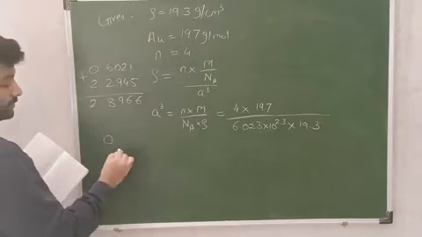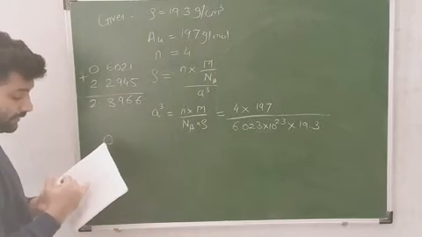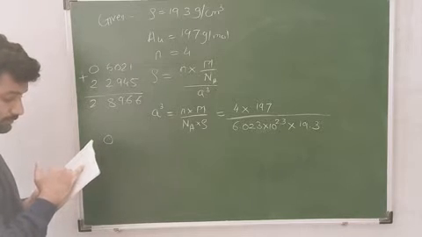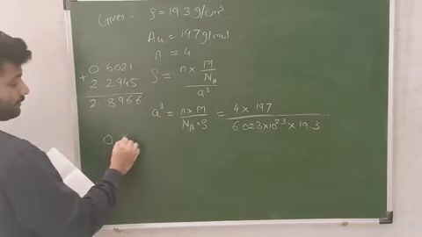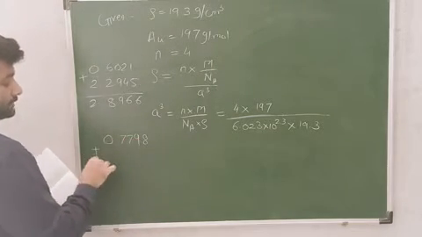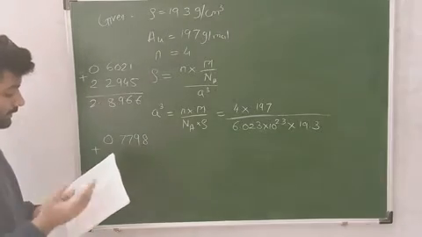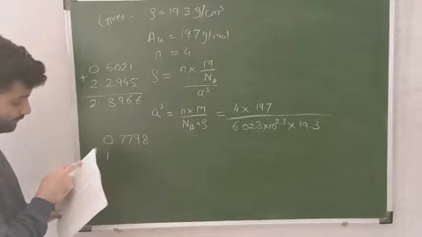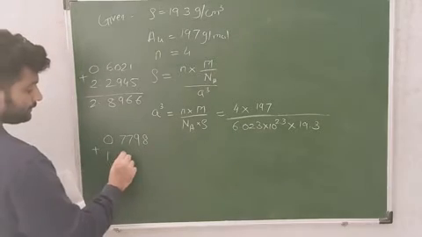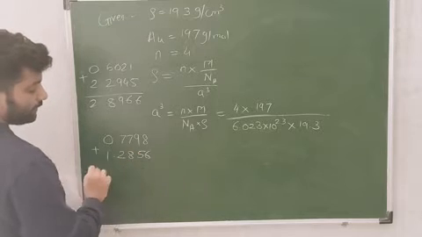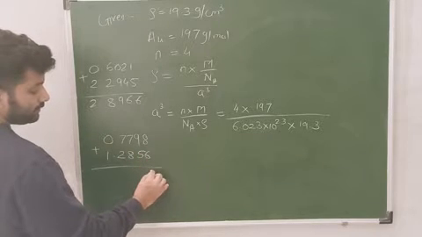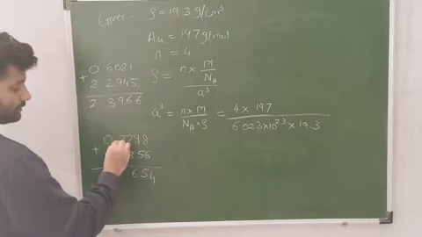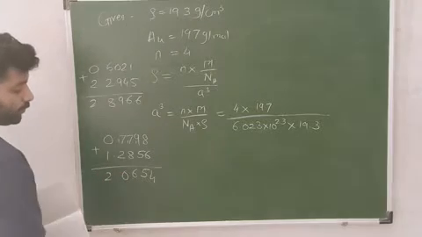Then we'll add the log of 6.023 and 19.3. So 6.023 is 0.7798, plus log of 19.3, it will be 1.2856. We are going to add them, so that is 2.0654.